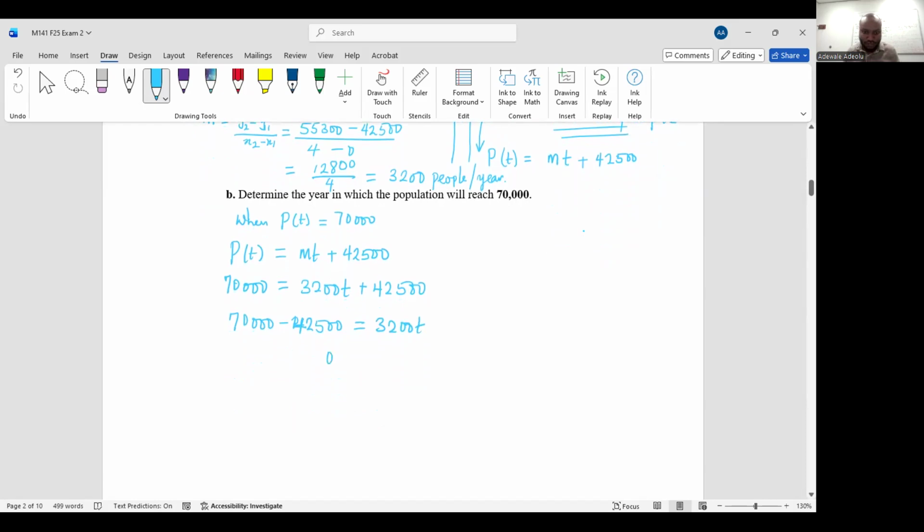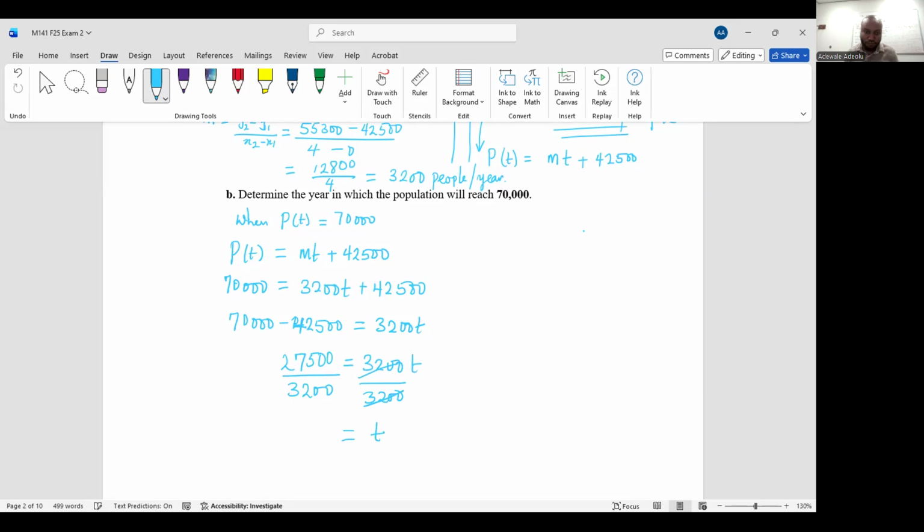If I subtract this out, I get 27,500 equals 3,200 t. And I can divide both sides by 3,200. Well, this takes care of this.